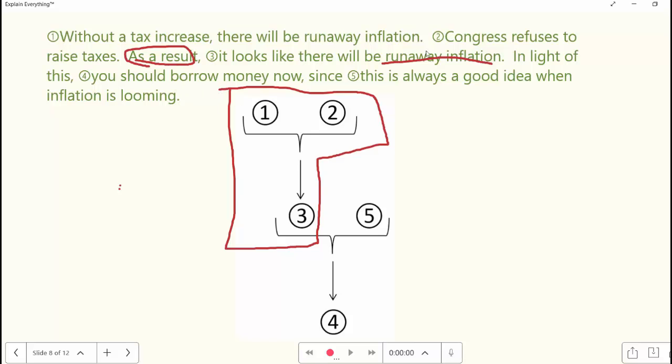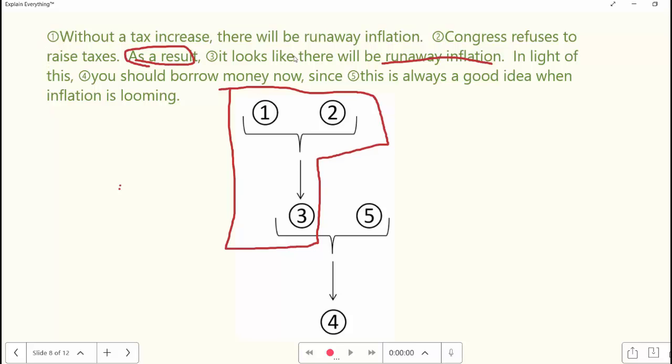And notice that if you only had the information without a tax increase, there'll be runaway inflation, but you don't know what Congress is going to do, then you can't get to 3. 3 would be a very odd inference to try to make from 1 alone. And the same thing with 2.